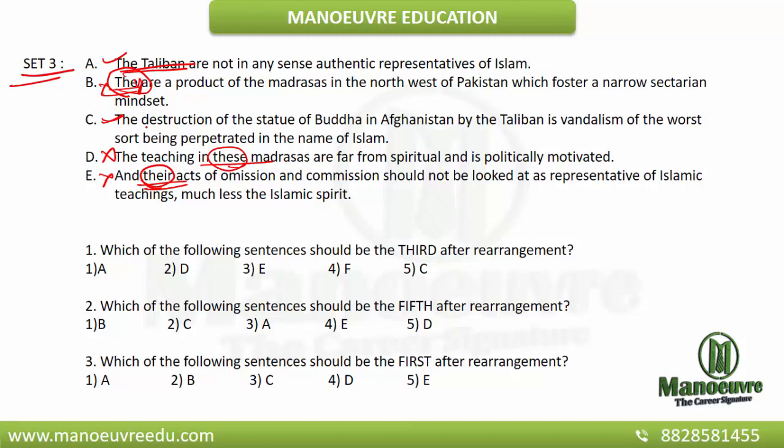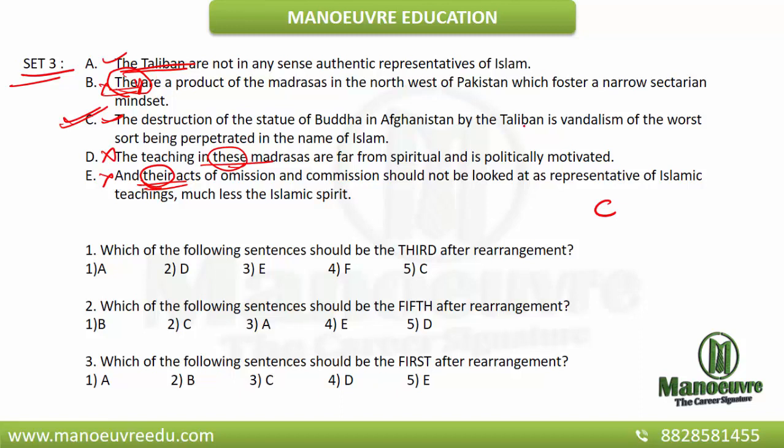Now here, "the destruction of the statue of Buddha in Afghanistan by the Taliban is vandalism of the worst sort being perpetrated in the name of Islam." Yes, this can be my first statement, statement C. Then I will talk about "the Taliban are not in any sense authentic representatives of Islam."